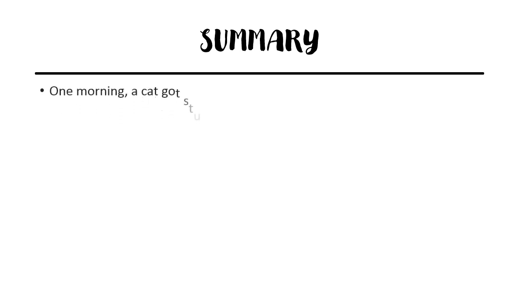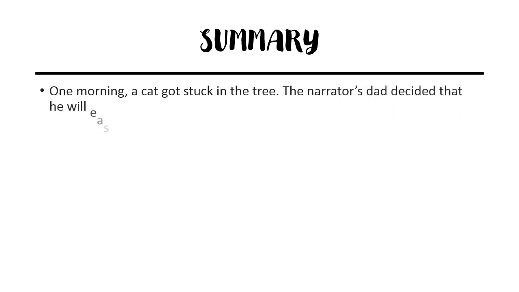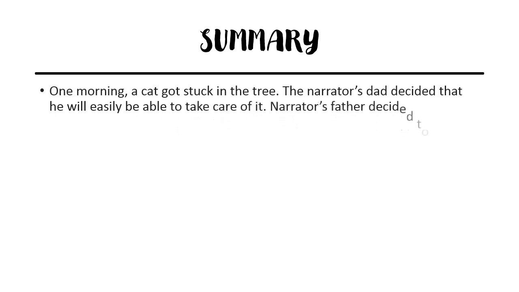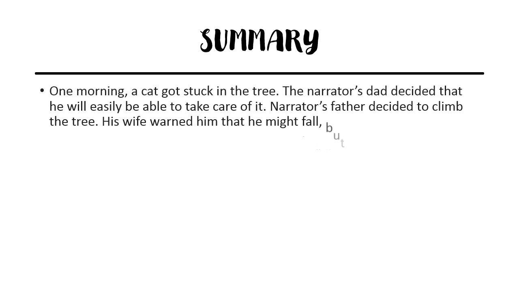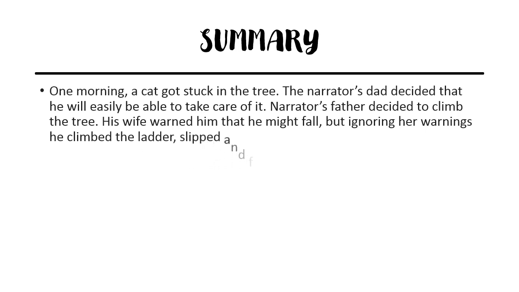One morning, a cat got stuck in the tree. The narrator's dad decided that he would easily be able to take care of it. The narrator's father decided to climb the tree. His wife warned him that he might fall, but ignoring her warnings, he climbed the ladder, slipped and fell.